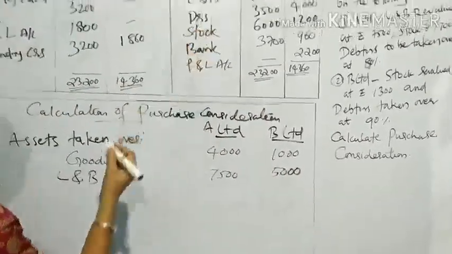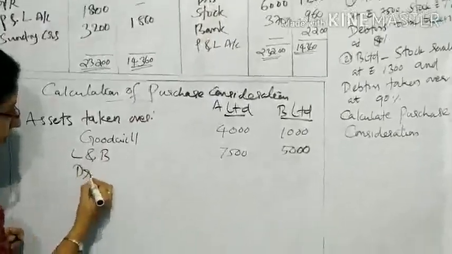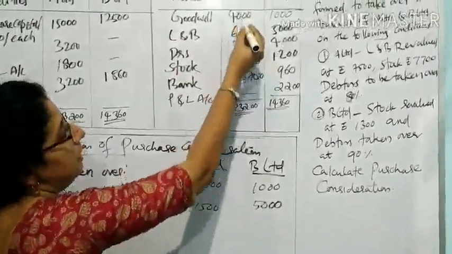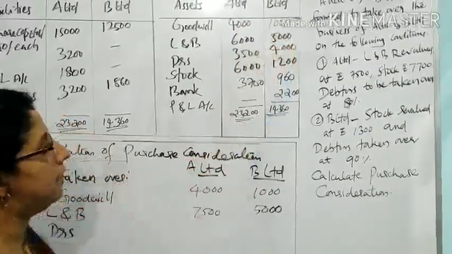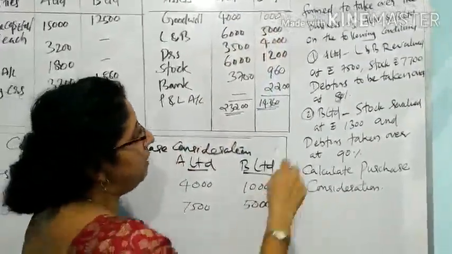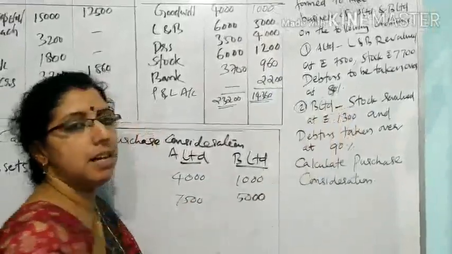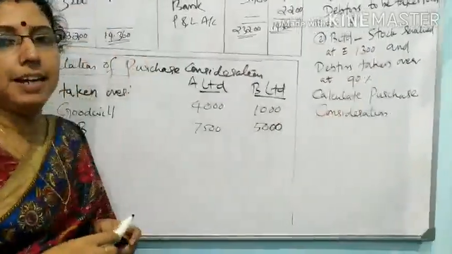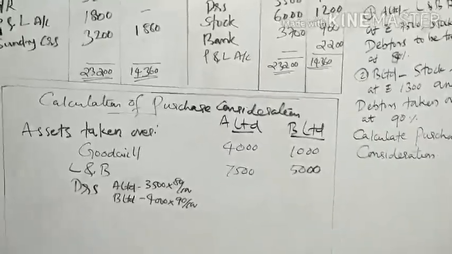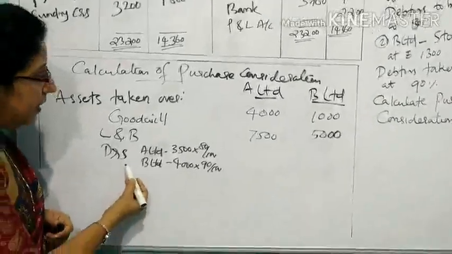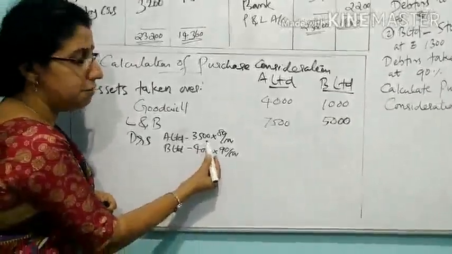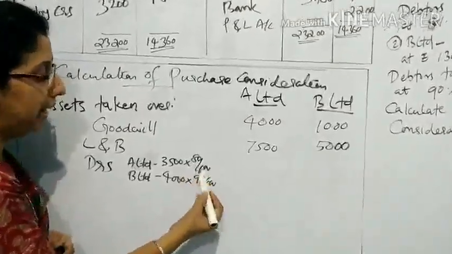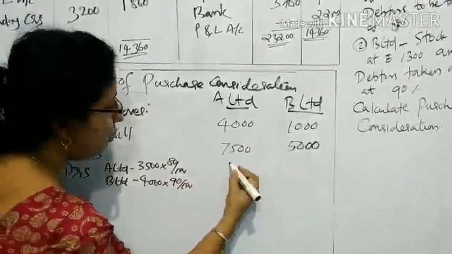Next asset, debtors. Debtors 3,500 for A Limited and 4,000 for B Limited. But in case of A Limited, only 80% are taken over, and for B Limited, 90% are taken over. So debtors for A Limited, 3,500 into 80 by 100, that is 2,800.